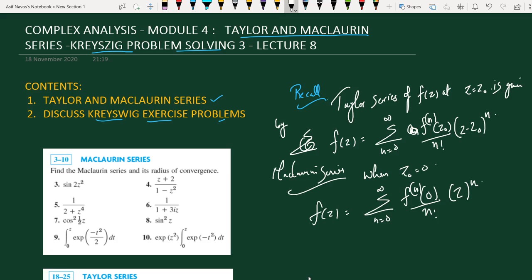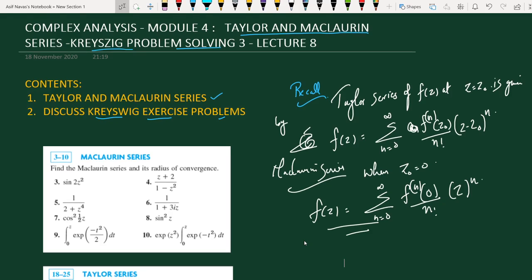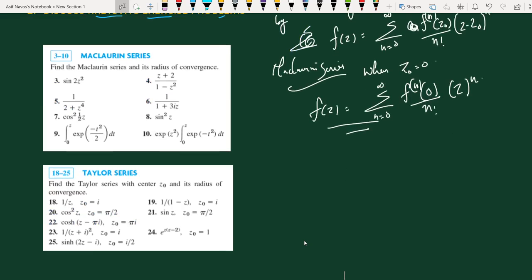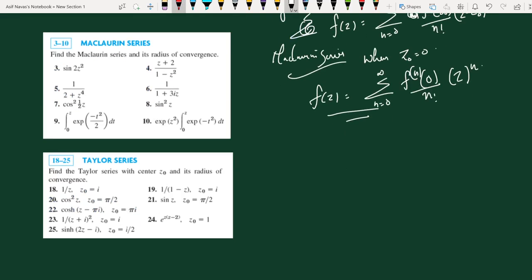Okay, so now we will discuss few problems. So first we will do problem number 1. Find Maclaurin series and its radius of convergence.